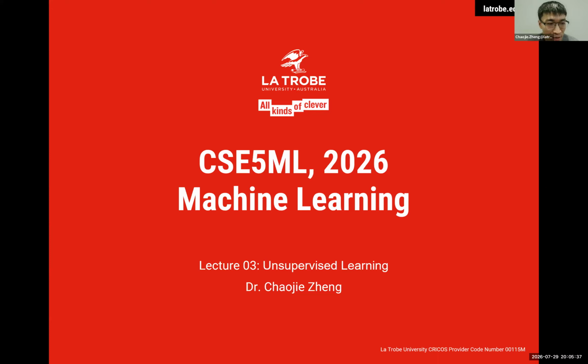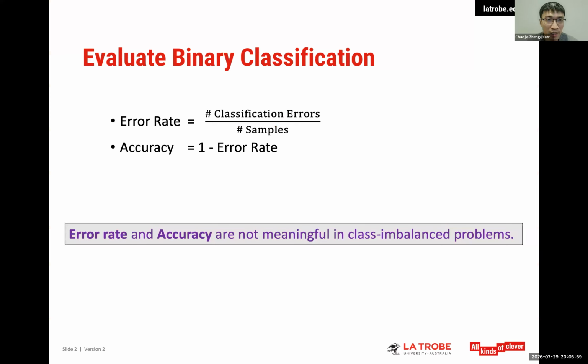Many people get confused between the classification method k-nearest neighbor and the k-means clustering method, so we put them together so that you can understand the difference among them. Okay, so let's first finish the classification evaluation part.